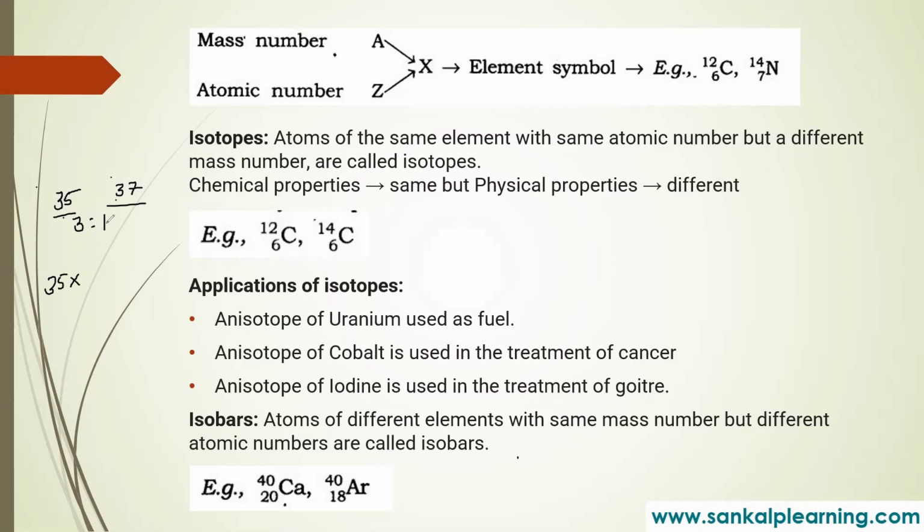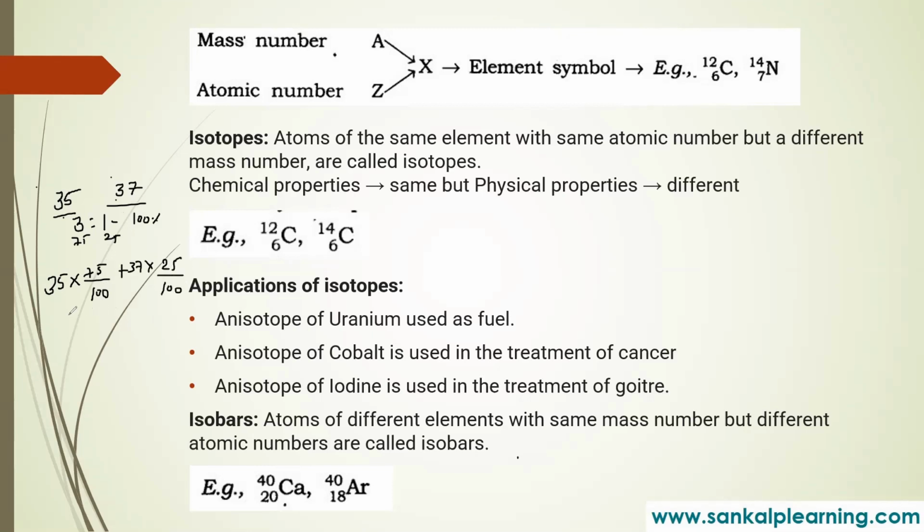suppose if you imagine this as 100%, one third part, so this will be 75% and this will be 25%. Therefore I can write it as 35 into 75 divided by 100 plus 37 into 25 divided by 100.